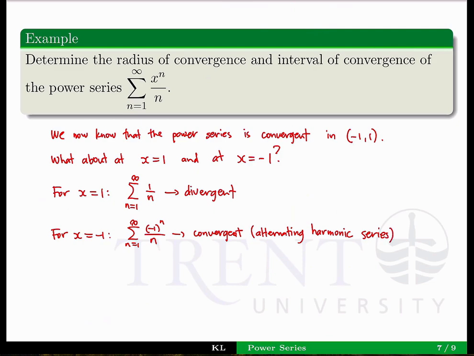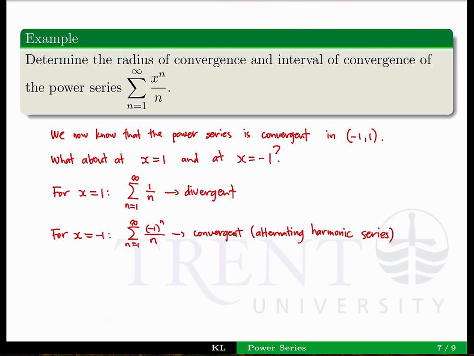So you can use those previous examples that we have already shown, unless it is the thing that you need to show. In this case, we already did this particular series. We can just bring our previous example. But anyway, what does this mean? The power series is convergent in the interval -1 to 1, excluding -1 and 1.